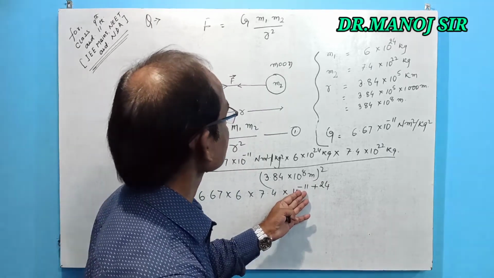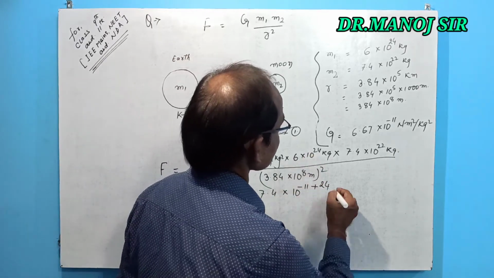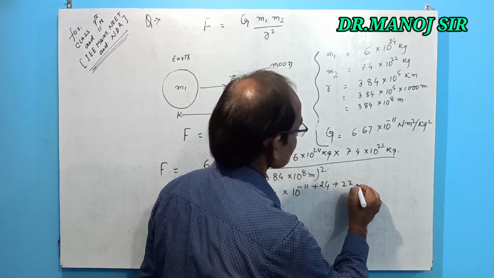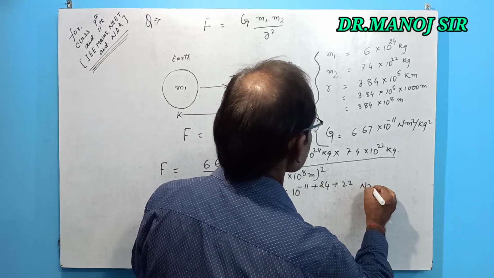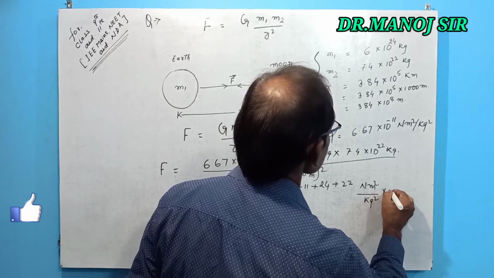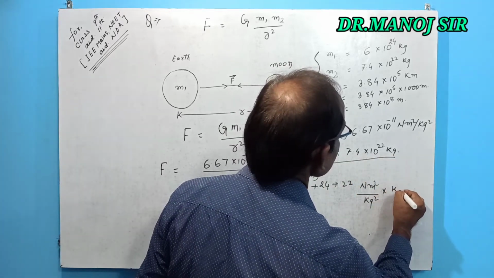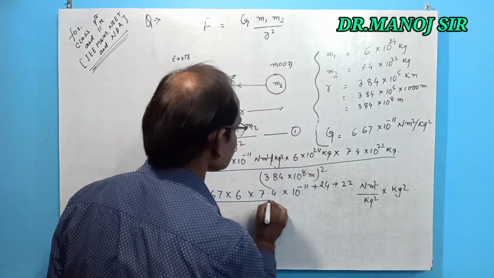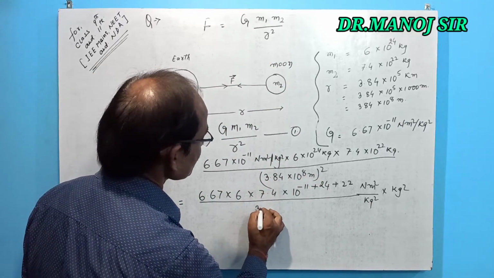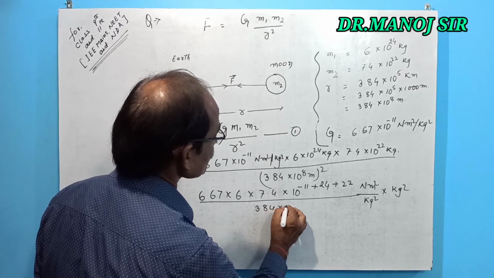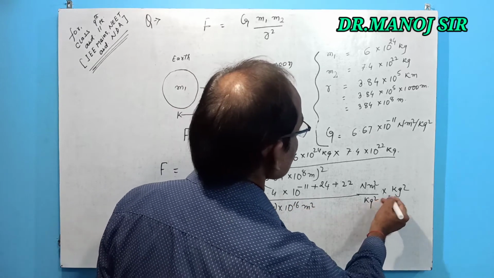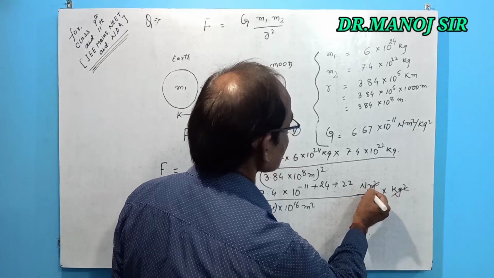Ten to the power minus 11 plus 24 plus 22, and N m square kg square into kg that is kg square by r square, their value 384 into 10 to the power 16 meter square. There the kg to kg and meter to meter cancel.